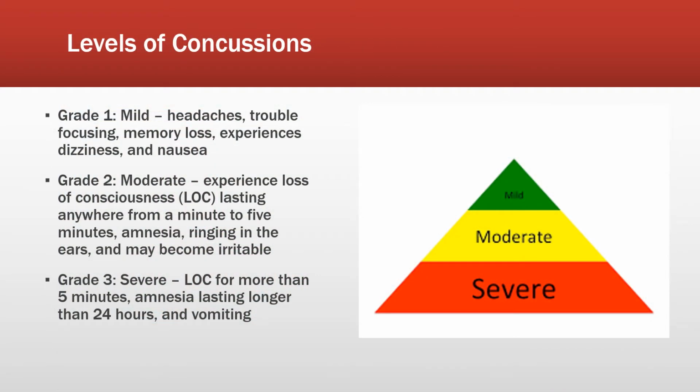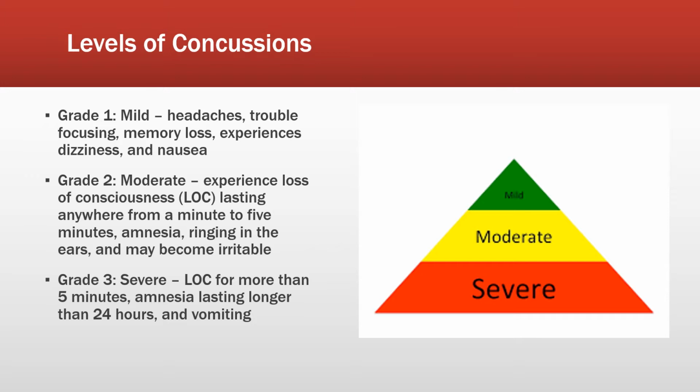Levels of concussions. Like with any injury, there are going to be levels. Grade 1 will be considered mild. Mild concussions are what you're mostly going to see. It's also the less severe type of head injury.